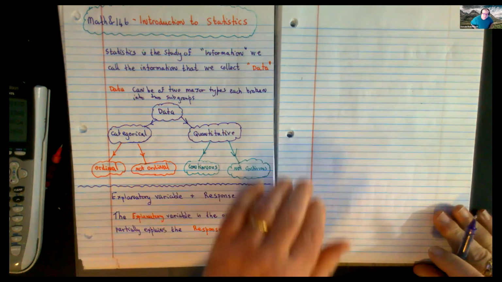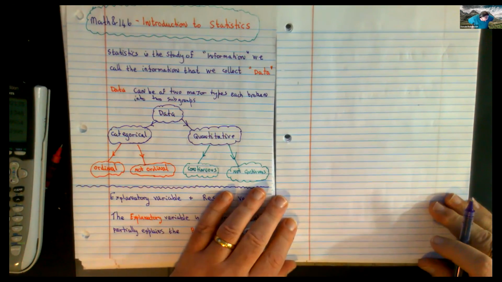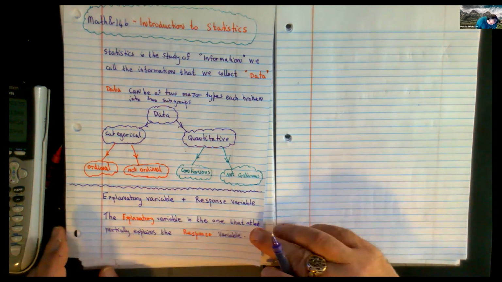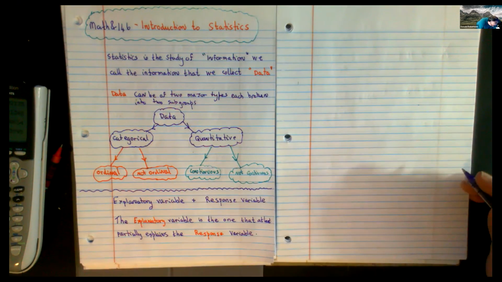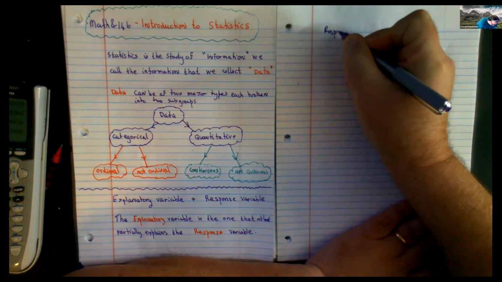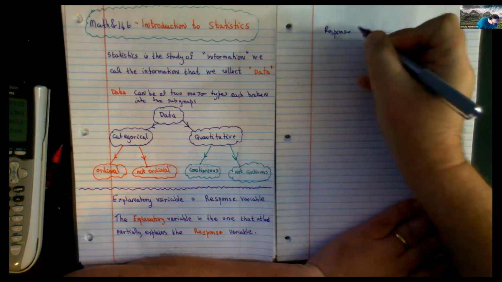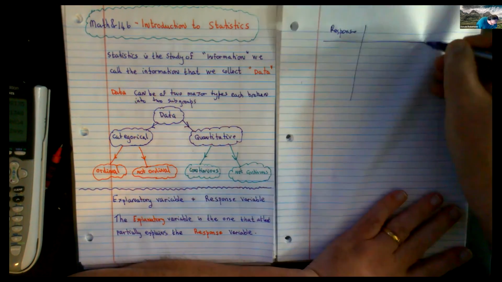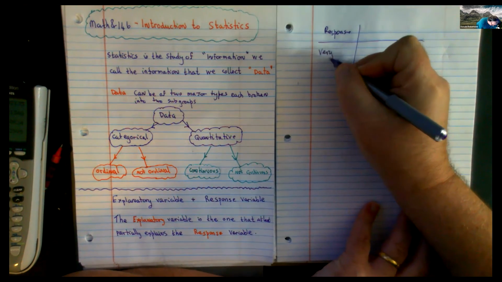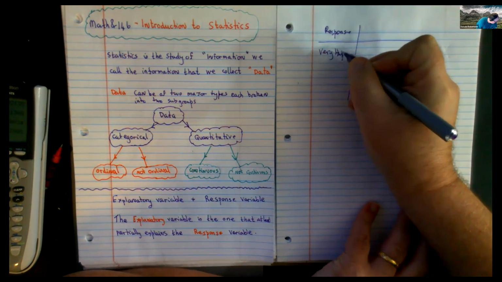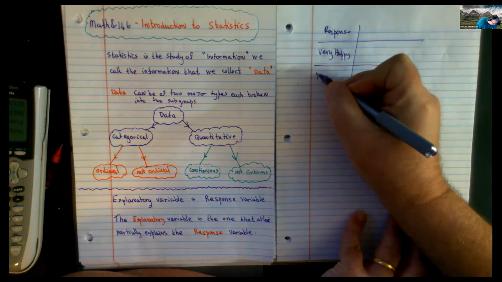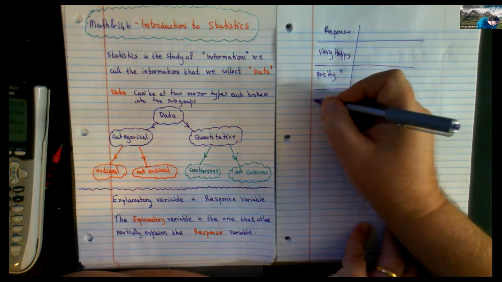So let's pretend that we have a response, and the response that you can give is going to be: you're very happy, you're pretty happy, or you're not too happy.